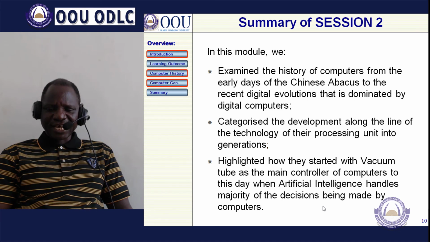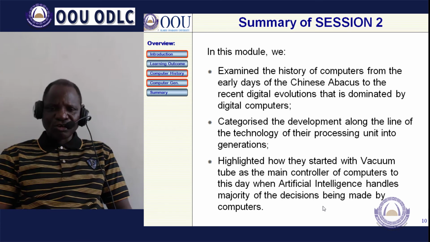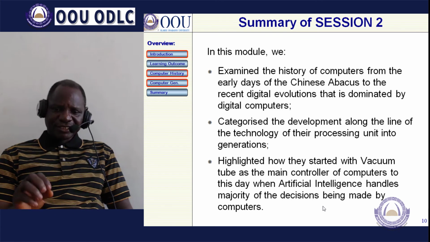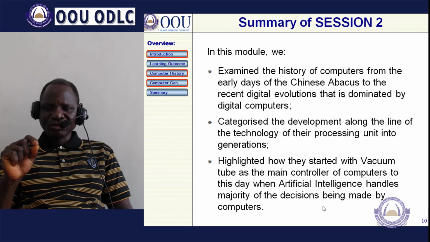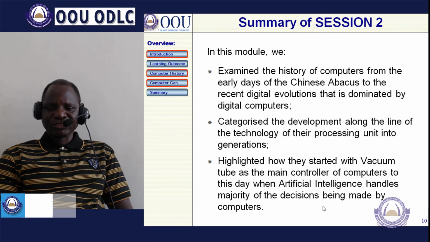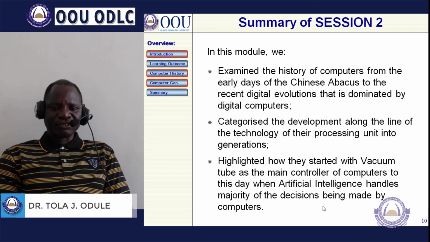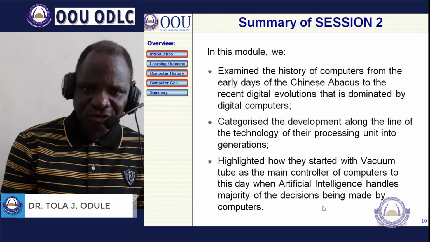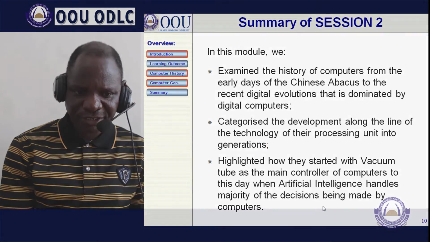And we highlighted how they started with the vacuum tubes in the first generation up to this day, when artificial intelligence handles majority of the decisions being made by computers. That is, from the first generation whose technology were vacuum tubes to the fifth whose technology is massively parallel processors and nanotechnology. By this we have come to the end of session 2 in our discussion.